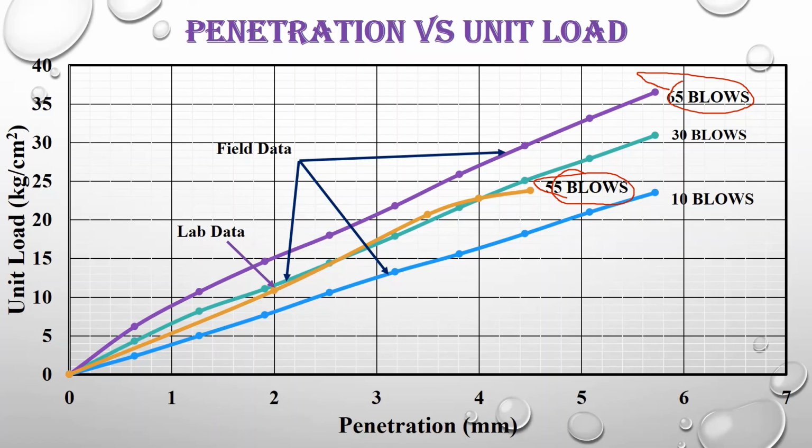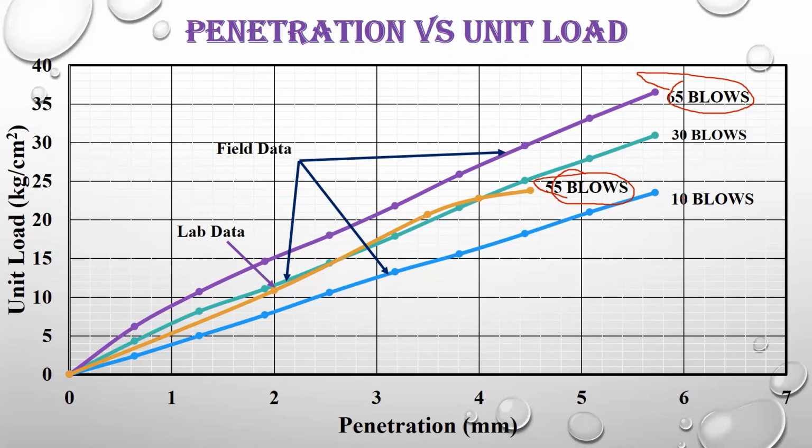Now you can see the penetration in millimeter and the unit load in kg per centimeter square. The graph is drawn over here, and this is the orange one. We got this graph on 55 blows. The other lines are from the field data which we have taken.